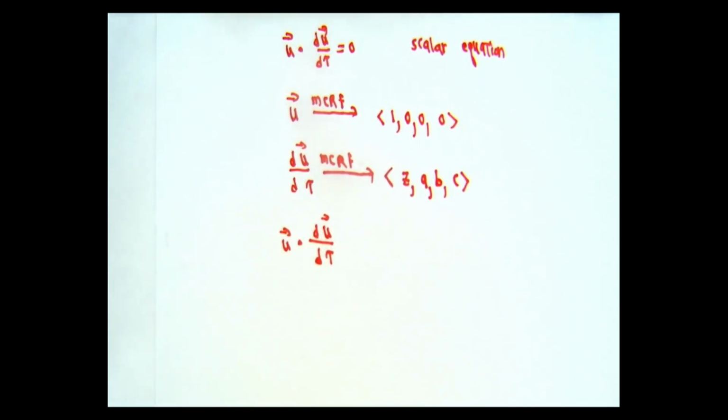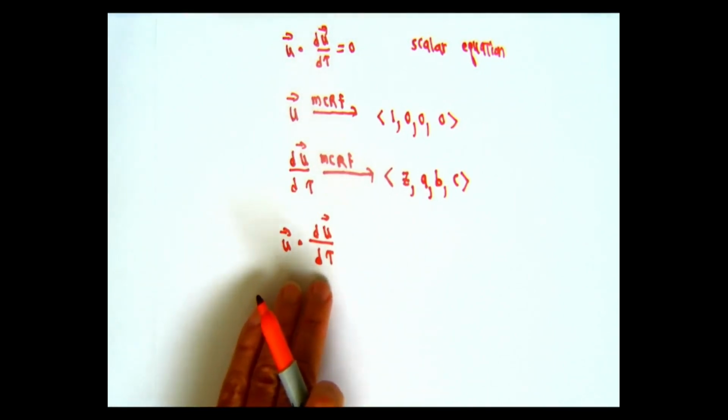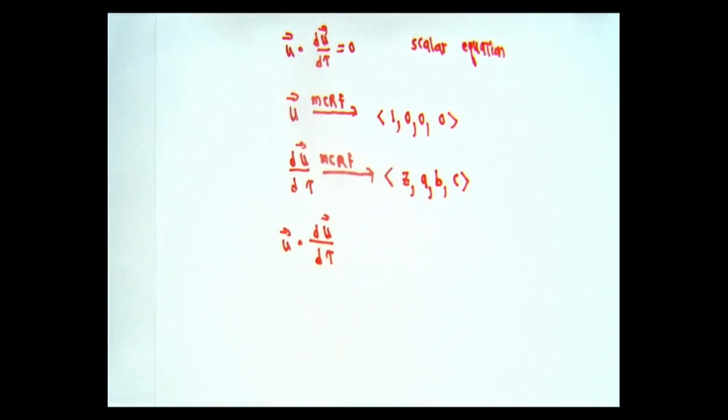This is a frame invariant quantity. I could use any coordinates I felt like to calculate this dot product, and I would get the same answer. So I don't say u dot for acceleration and then an arrow with momentarily co-moving reference frame written above it. This quantity doesn't depend on which reference frame you're using.